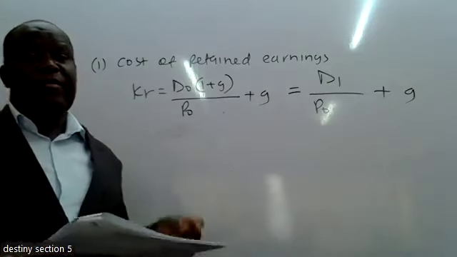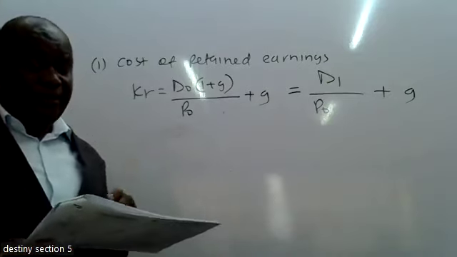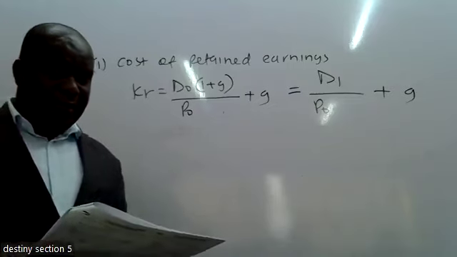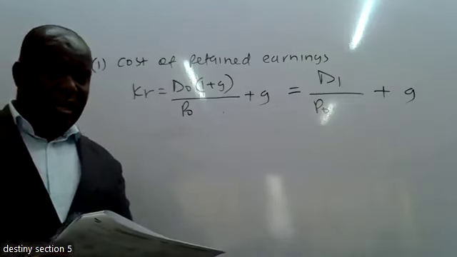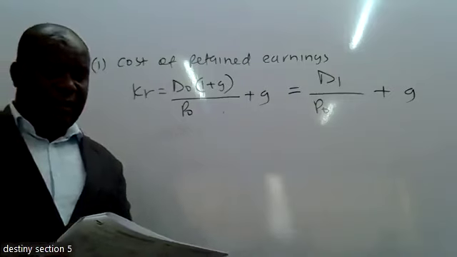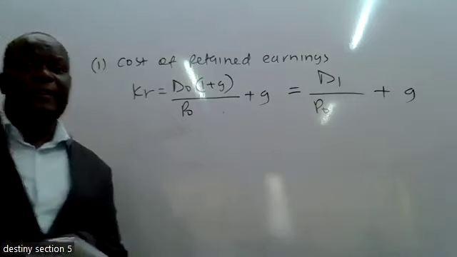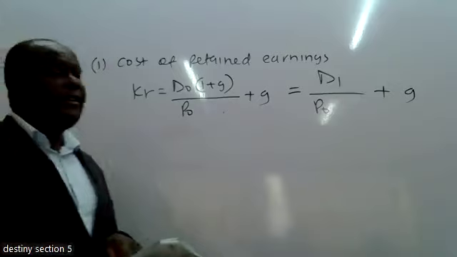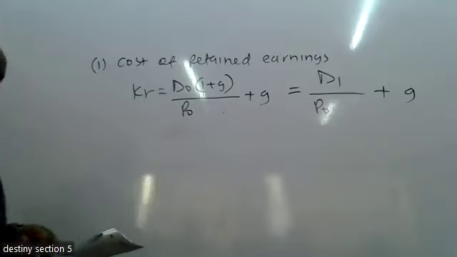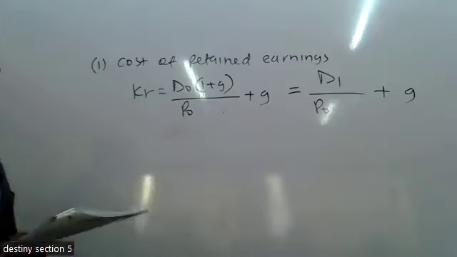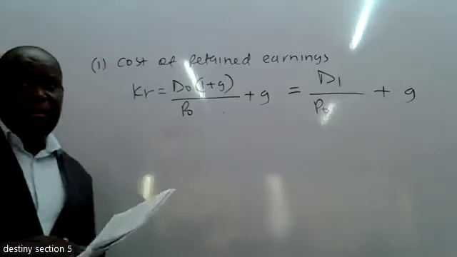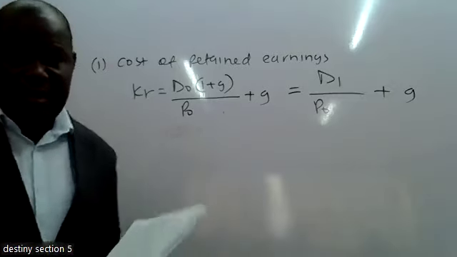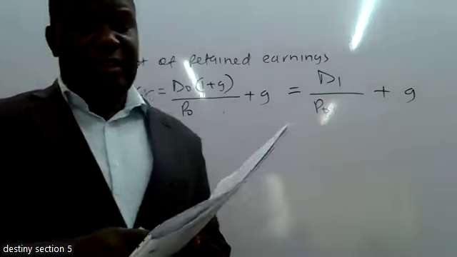In number 1, they have said the firm's historical earnings per share and dividend per share over the last 5 years. You see that over the last 5 years. Which means that D0 is the last dividend that was paid, in the year 2020.